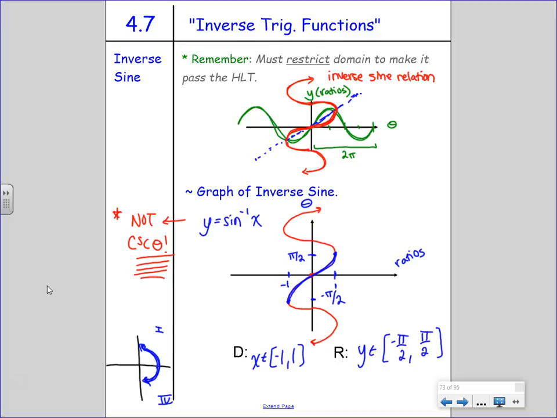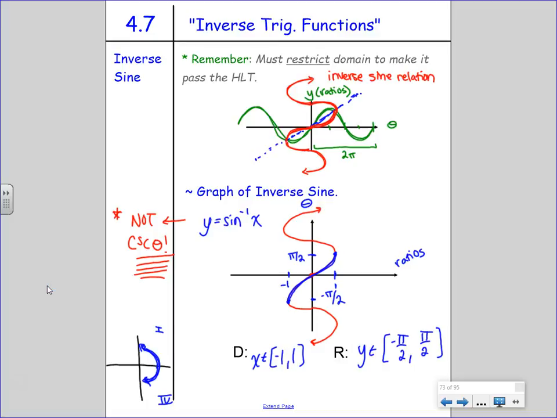What was the first one? Starts with T and ends with an N: tangent. Do you remember what this looks like? Swoopy, like an x cubed, right? But he has vertical asymptotes. The nice thing was he had the point 0, 0, and he swooped up and he swooped down.